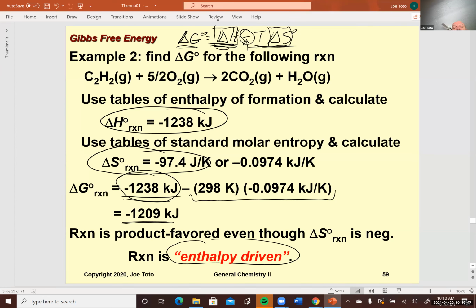The delta S of the universe has to increase, and it's a sum of the system and the surroundings. Even though sometimes we get lost in the forest and we can't see the forest for the trees.